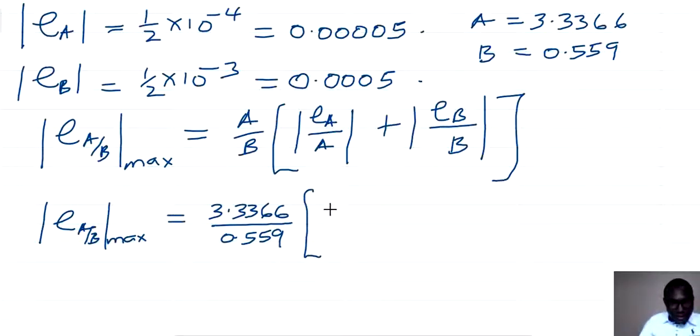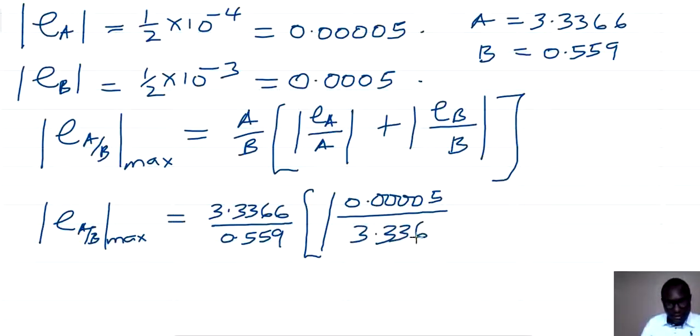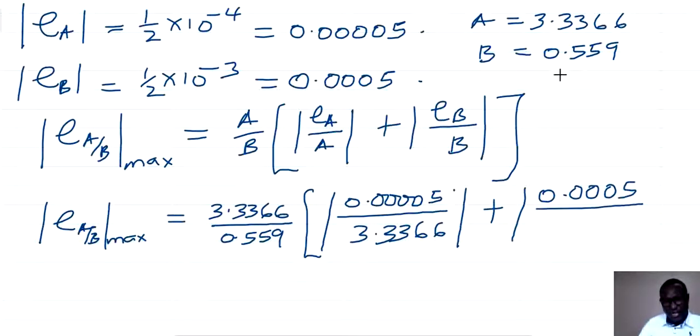The error in A is 0.00005 divided by the value of A, which is 3.3366, in magnitude, plus the magnitude of error in B, which is 0.0005 divided by B, which is 0.559, and we close the bracket.